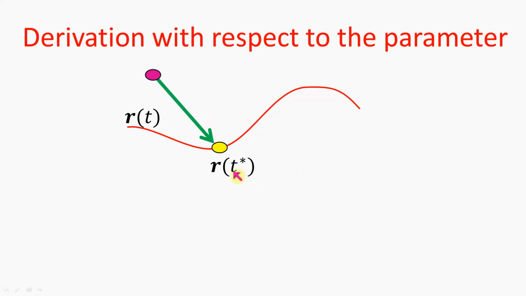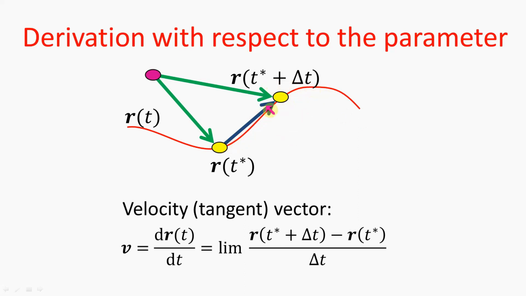So when the time is t star, we are here with respect to the origin, and a little bit later, in t star plus delta t, we are here in this new point. During the time interval delta t, we moved between these 2 points. So the translation executed in time delta t is just the difference of the position vectors of the 2 points.